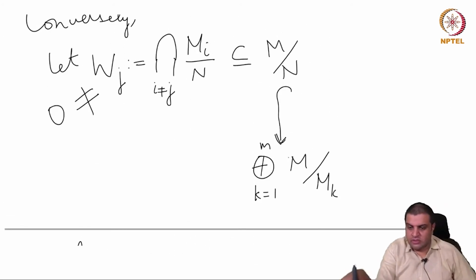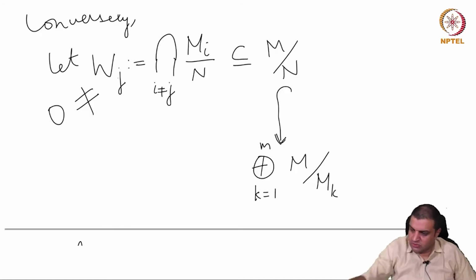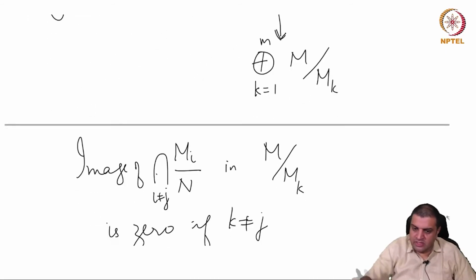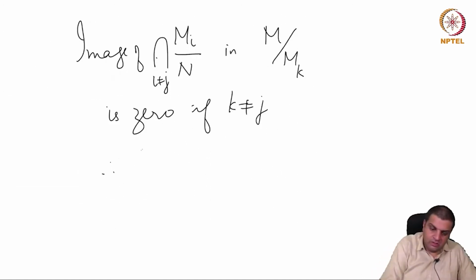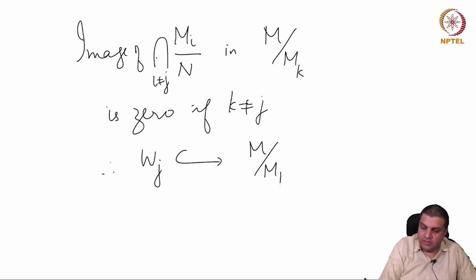That's the observation that we have to make, and hence Wj will go. Because this map has to be injective, onto the jth factor here it has to be injective. Therefore, Wj injects into M mod Mj.